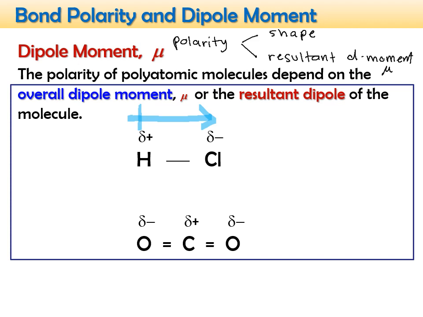The value of mu is not equal to 0 because we cannot cancel it off with anything. Therefore, this molecule is a polar molecule.